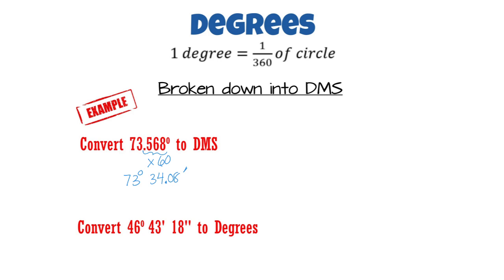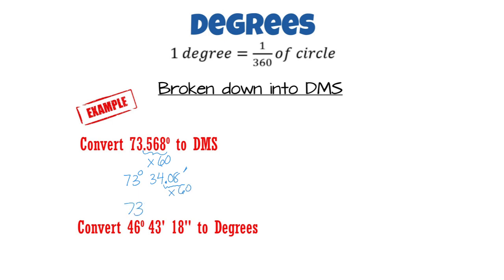Next, I want to take this 0.08, which is a portion of a minute. To turn minutes into seconds, there are 60 seconds in a minute, so I do the same thing with this decimal part. I take my 0.08 times 60.